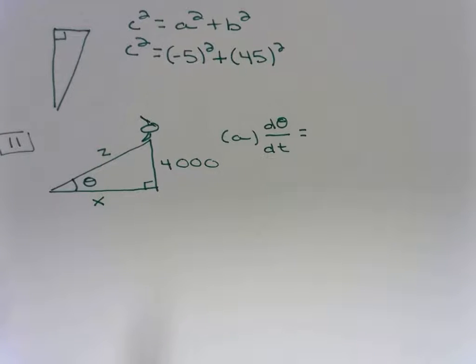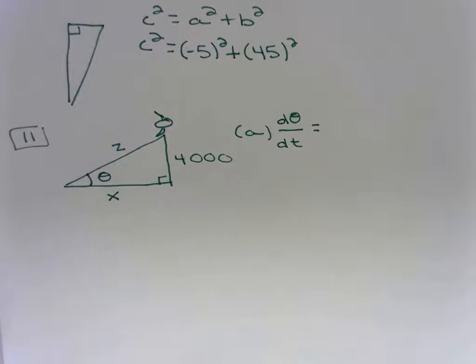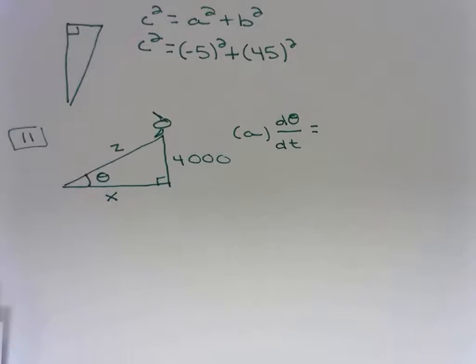Speed is always a rate, so that's where you get your other derivative from. Like I said yesterday in the notes, when I think about the speed of an airplane, I want the distance it has traveled compared to time.